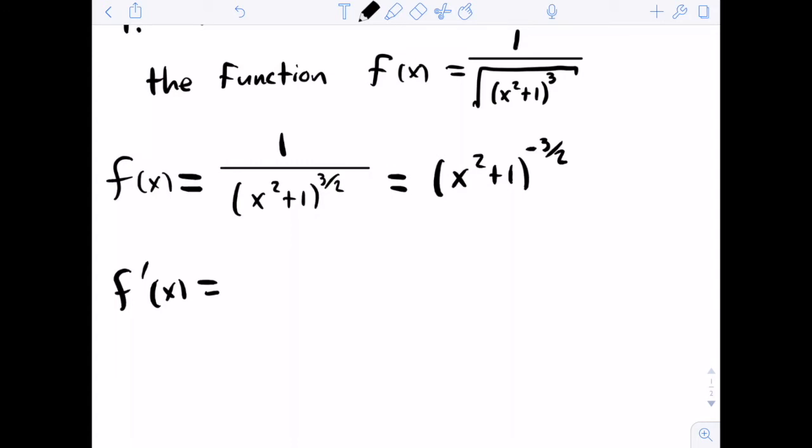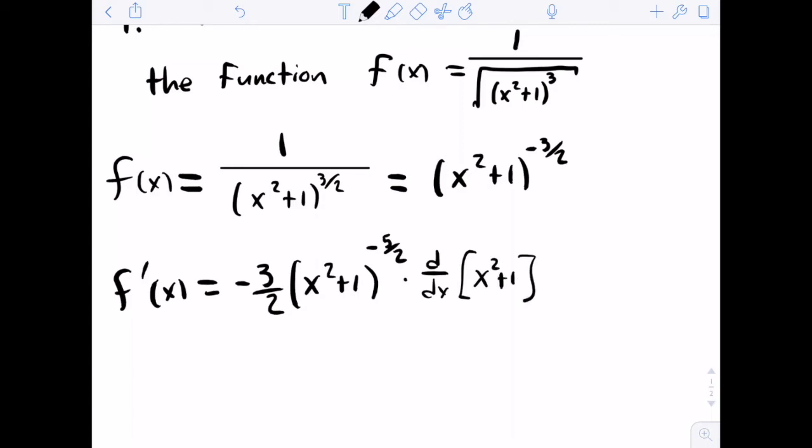So we can use just the chain rule or the general power rule. So the negative 3 over 2 comes down. Then the inside of the bracket stays the same, and then you subtract 1 from the top. All right, so minus 3 over 2 minus 1 is minus 5 over 2. And then what you do is you multiply by the derivative of the inside. Right, so then the derivative of x squared plus 1.